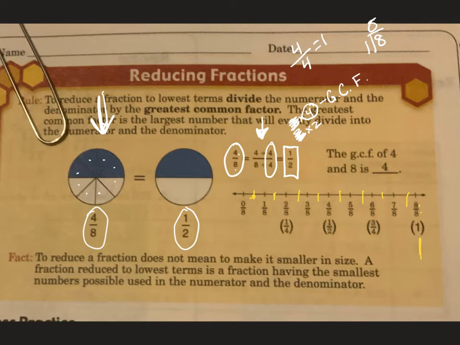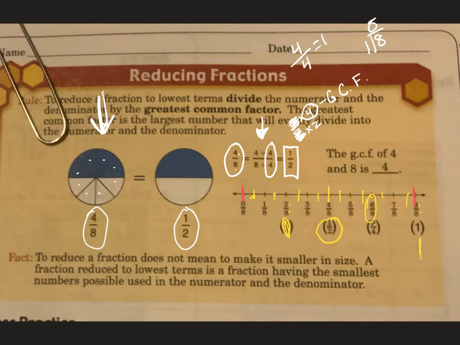Half of 1 right here would be 4/8. Then they go even further for you to see. 2/8 would be 1/4, and 3/4 is 6/8. Because if you look, you have your 0 to 1.